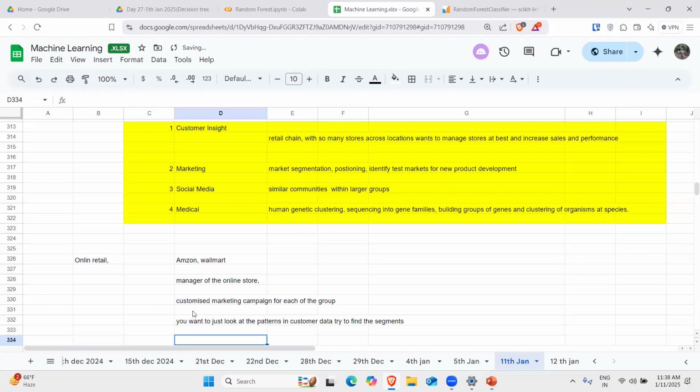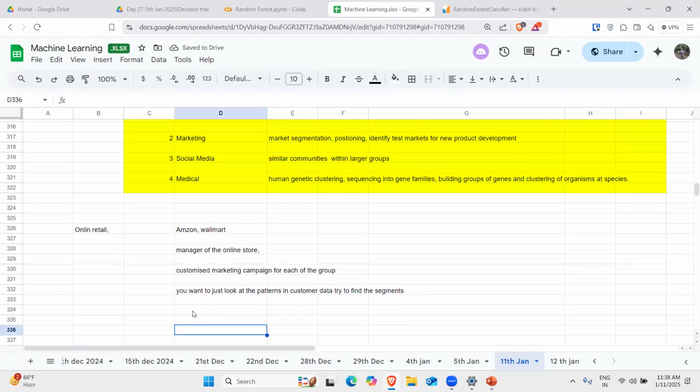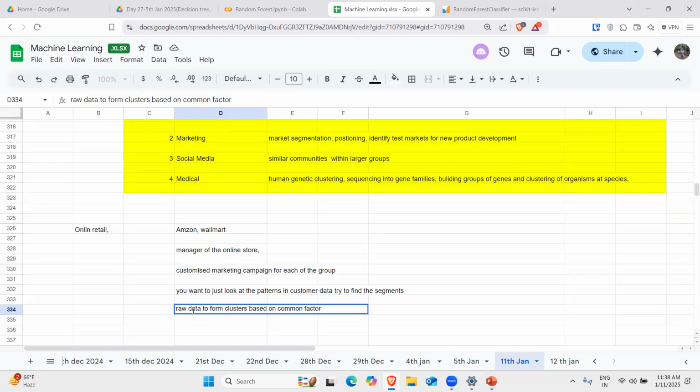This is where clustering techniques can help you out with segmenting customers. Clustering techniques use the raw data provided to you to form clusters based on common factors among various data points.